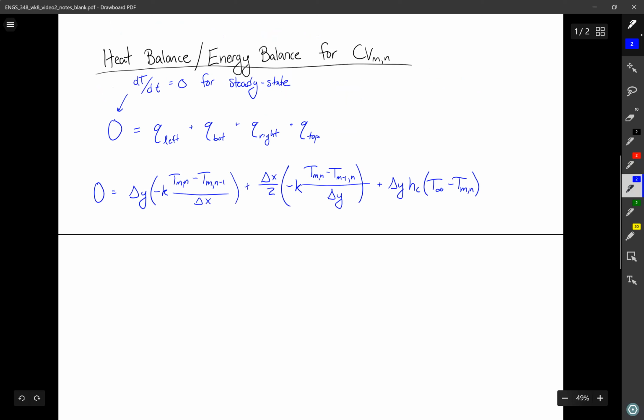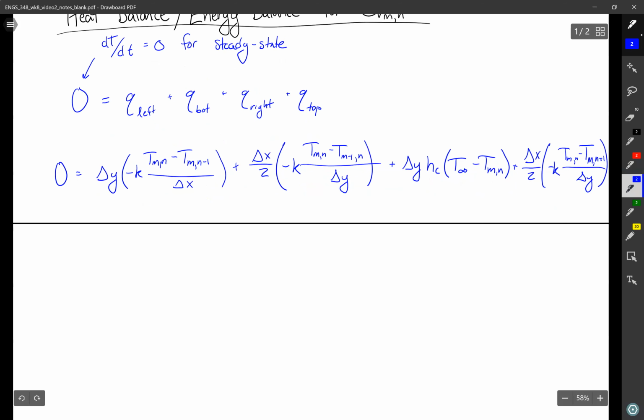So this is plus delta X over 2 times minus k (T_mn minus T_m,n+1) over delta Y. So this is now our energy balance equation.